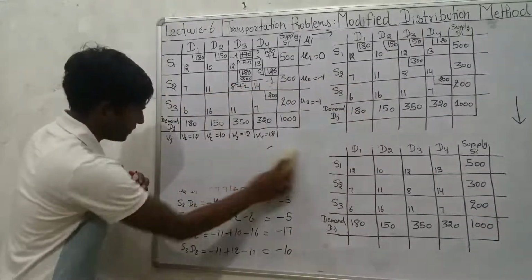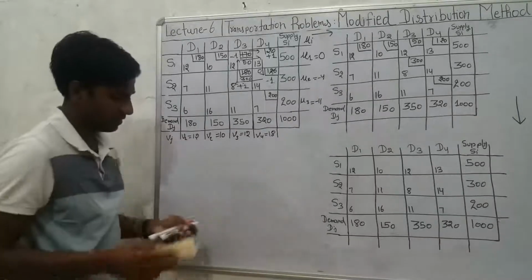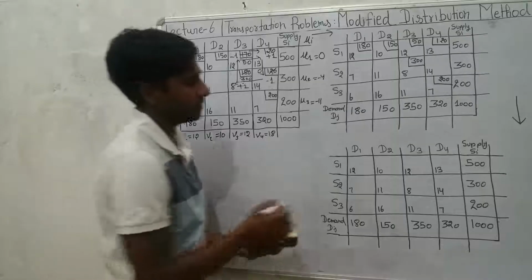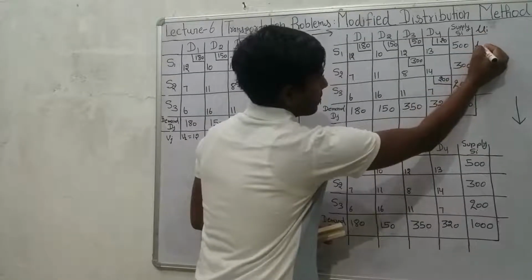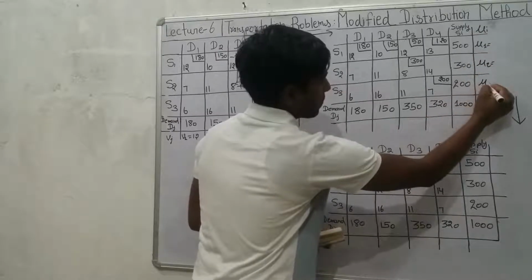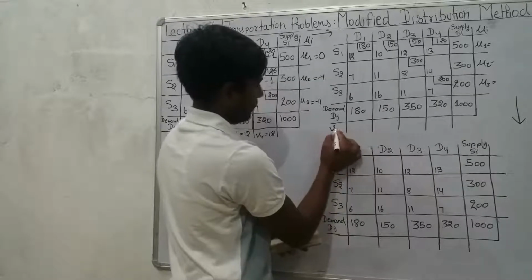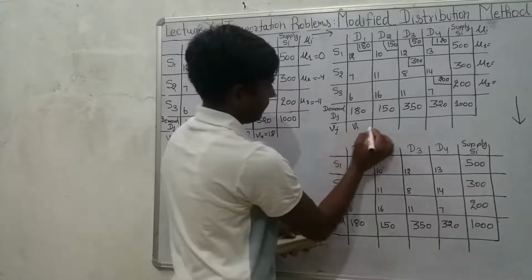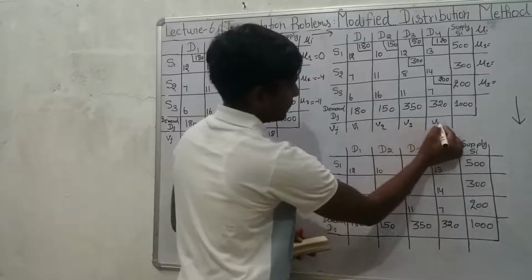So let's do it very quickly. First, calculate the values of U1, U2, U3, and then this side Vj, V1, V2, V3 and V4.